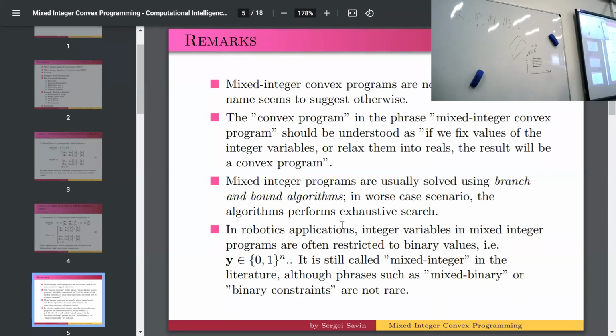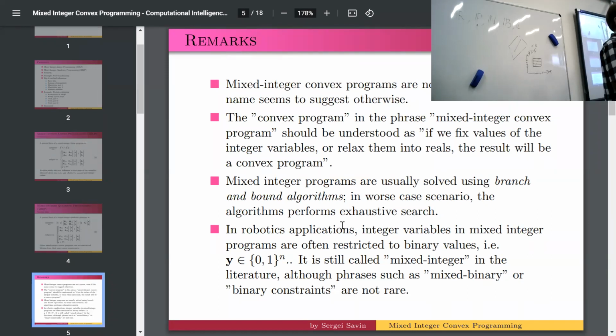That is what it refers to. It refers to the fact that you could have made it into a convex program. The only difference between it being convex or not convex is the fact that your variables are integers. And that is a big difference.